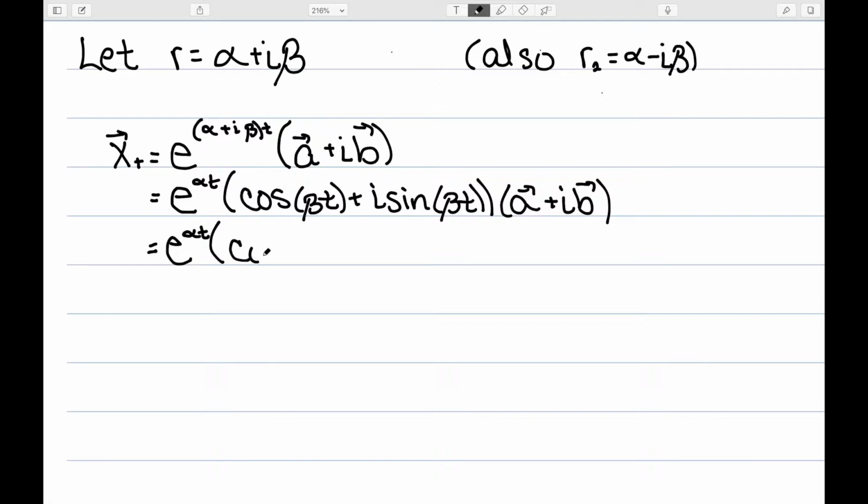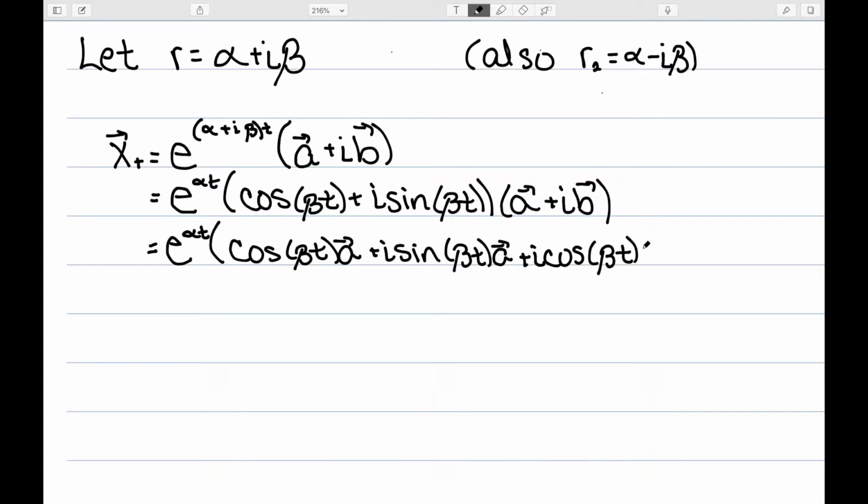So I have cosine beta t times a, plus i sine beta t times a, plus i cosine beta t times b, and then we have i squared, so minus sine beta t times b.